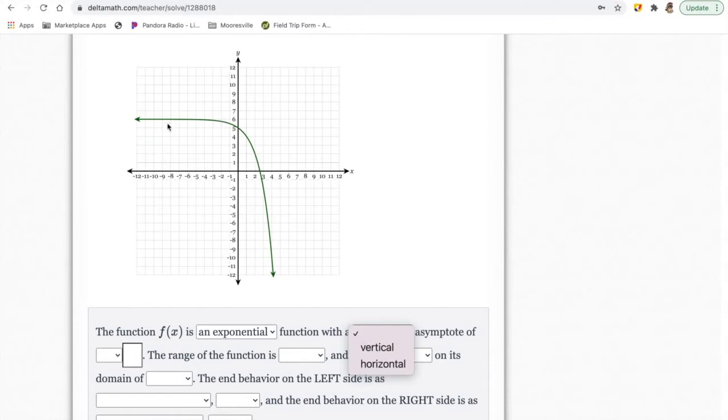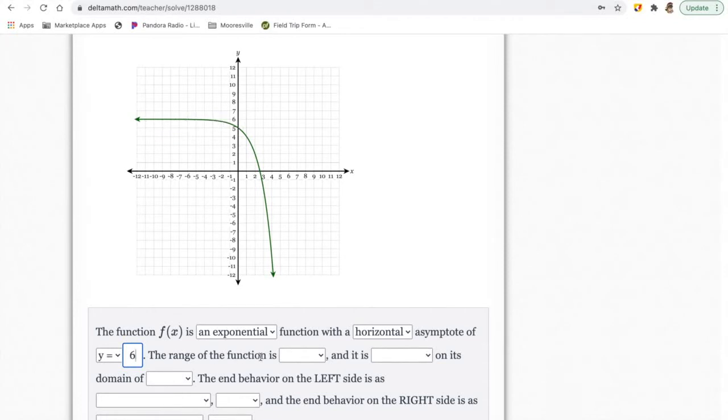Well, if you look at this, it looks to me like it approaches here as a horizontal asymptote, and it looks like that asymptote is at 6. So it has a horizontal asymptote, and the equation of that horizontal asymptote is y equals 6, because that's where the horizontal asymptote lies.